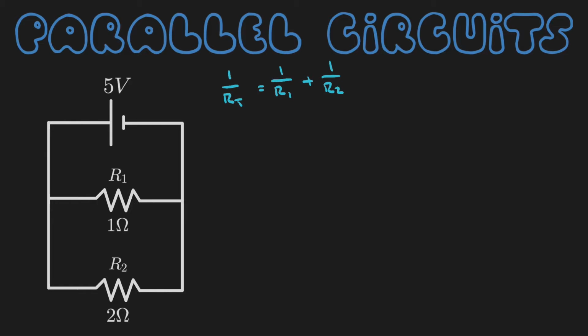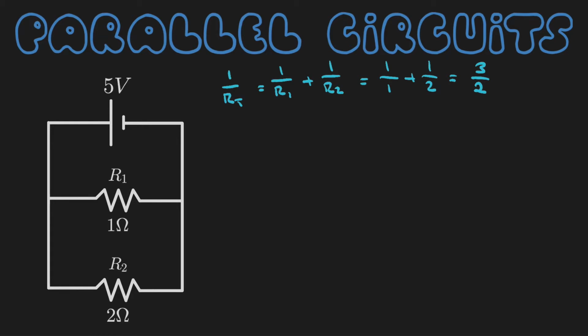So we still have a 5 volt supply, and our R1 is still 1 ohm, and our R2 is 2 ohms. So the parameters don't change. However, the formula does. So 1 over RT will then equal 1 over 1 plus 1 over 2, which is actually equal to 3 over 2.